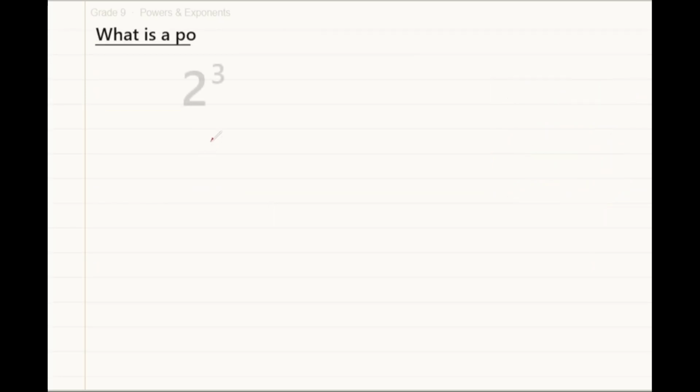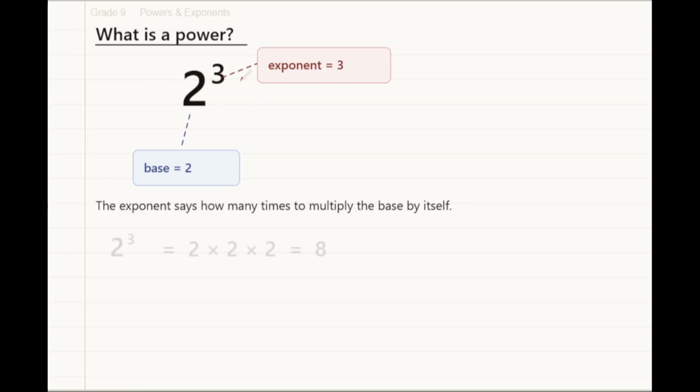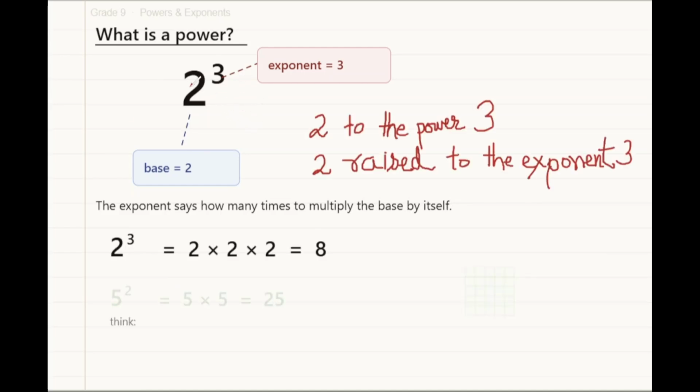Okay, now let's see what is a power. Look at this number. Here, the number at the bottom is called the base, and this number high up, which is written in a smaller size, is called the exponent. The way we read this number, we either call it 2 to the power 3 or 2 raised to the exponent 3. So what does this number tell us?